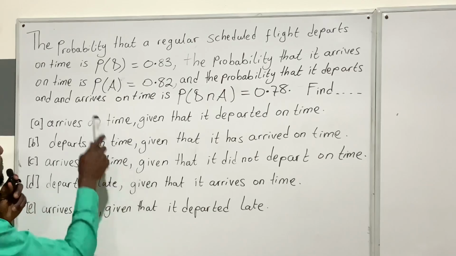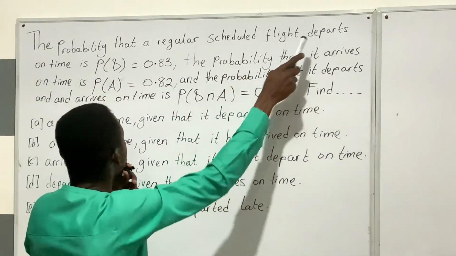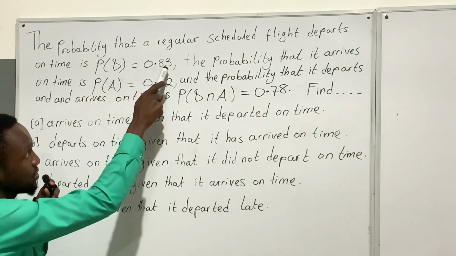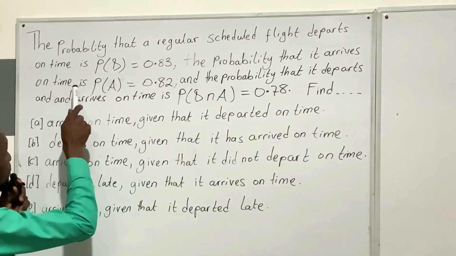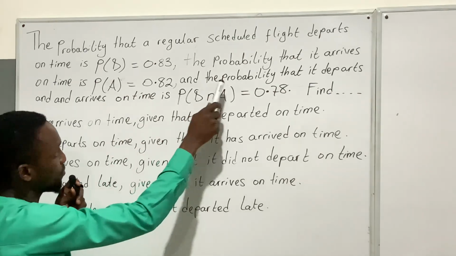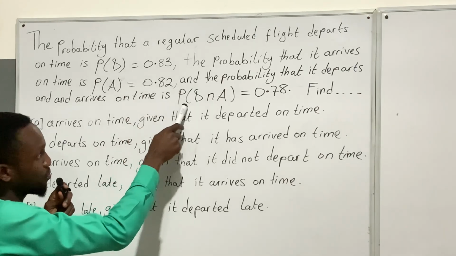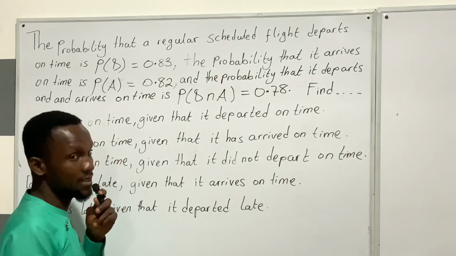Alright, so the question says that the probability that a regularly scheduled flight departs on time is P of D, given as 0.83. The probability that it arrives on time is P of A, given as 0.82. And the probability that it departs and arrives on time is P of D intersection A, given as 0.78.